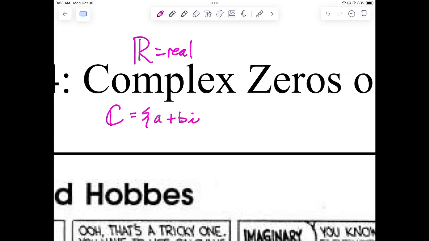The form a plus bi, where a and b are real numbers, and i is called the imaginary unit. Okay, so a complex number is of the form a plus bi, where a and b are real numbers and i is the imaginary unit. a is called the real part, and bi is called the imaginary part.